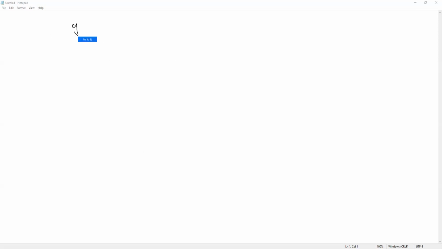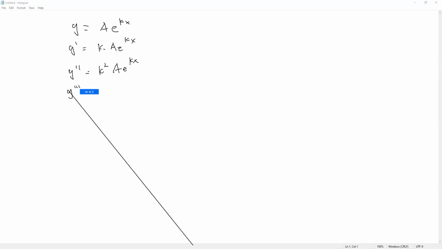If y is A times e to the power of kx, k being a constant, then y dash is going to be k times A e to the power of kx, y double dash is going to be k squared A e to the power of kx, etc. So y triple dash is going to be k cubed A e to the power of kx.